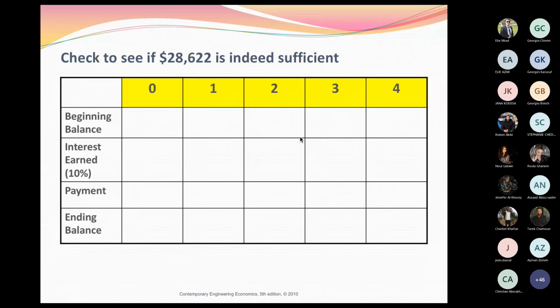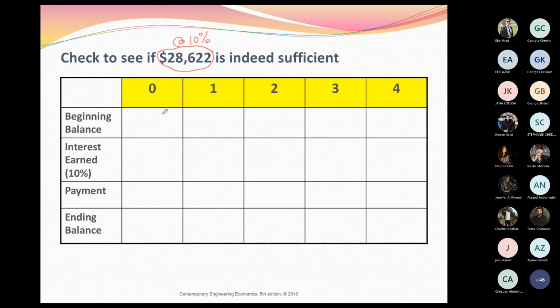Then a part is to check your answer using an economic table. Look how nice. Again, what did I tell you? Put 28,622 in the bank today at 10%, you will have all the expenses ready at each year.